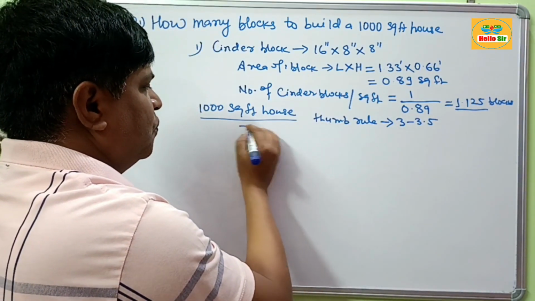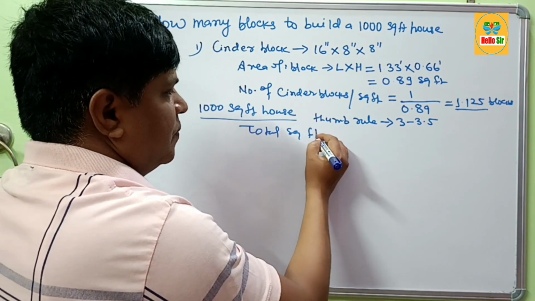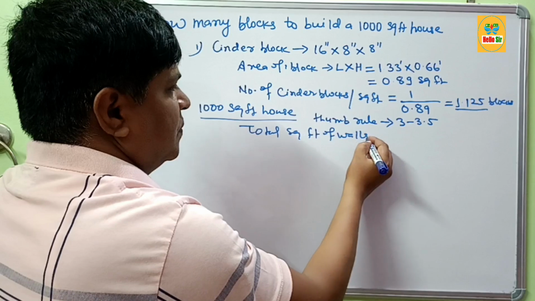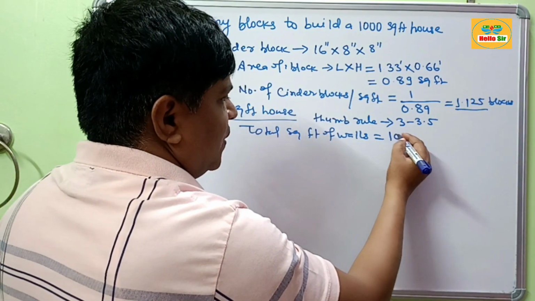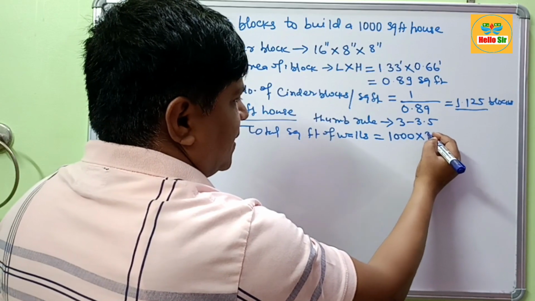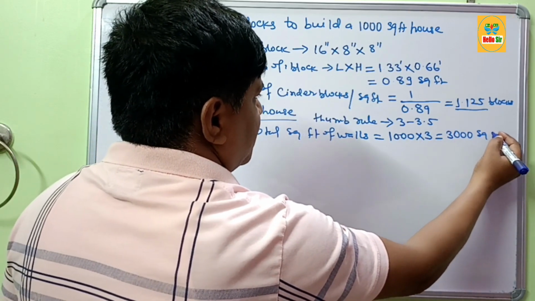Then for the total square foot of walls, you can multiply 1000 by 3. This will come to about 3000 square foot.